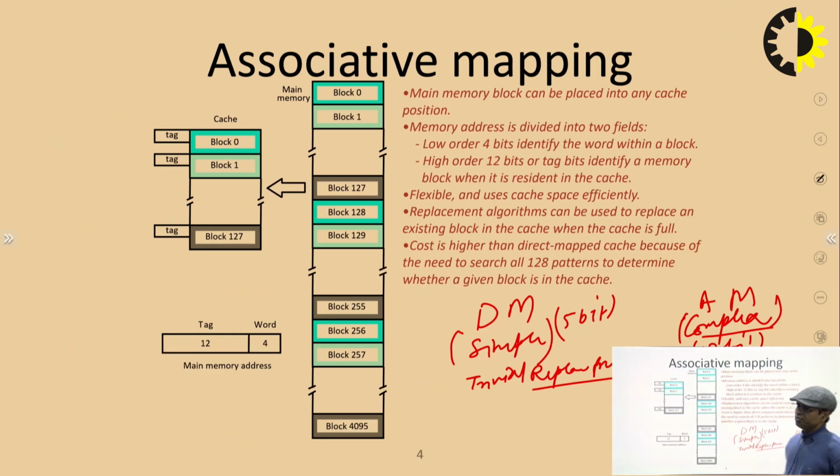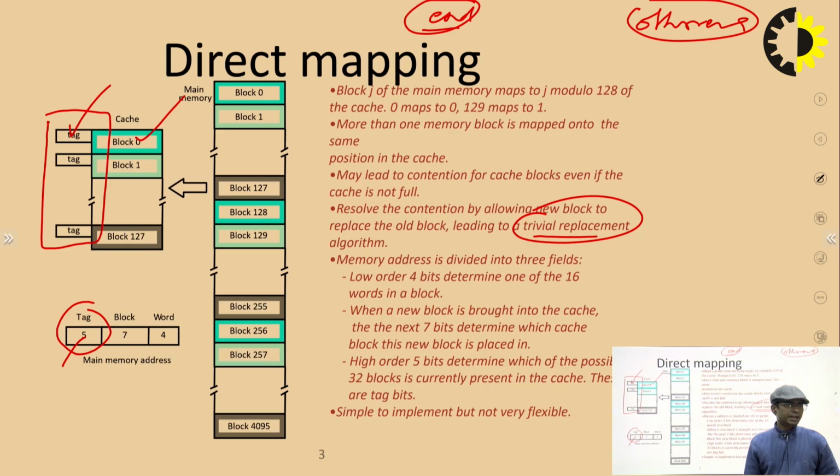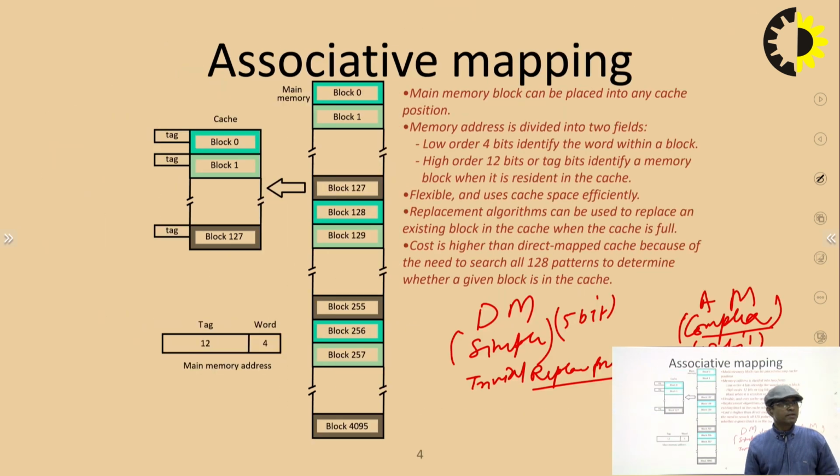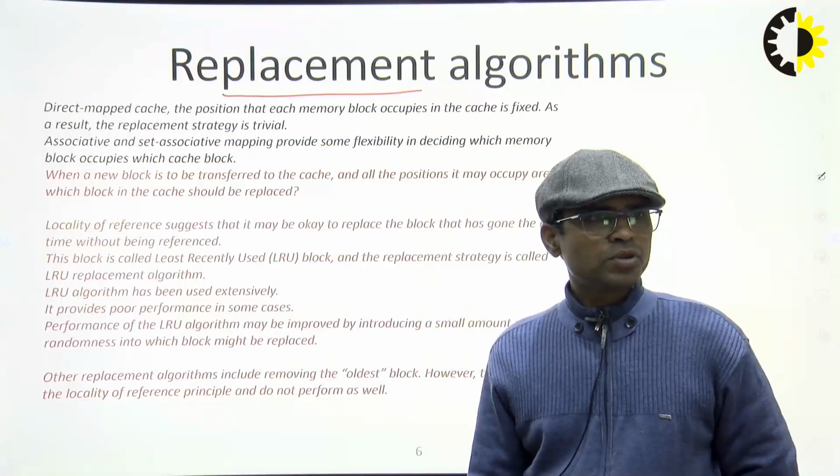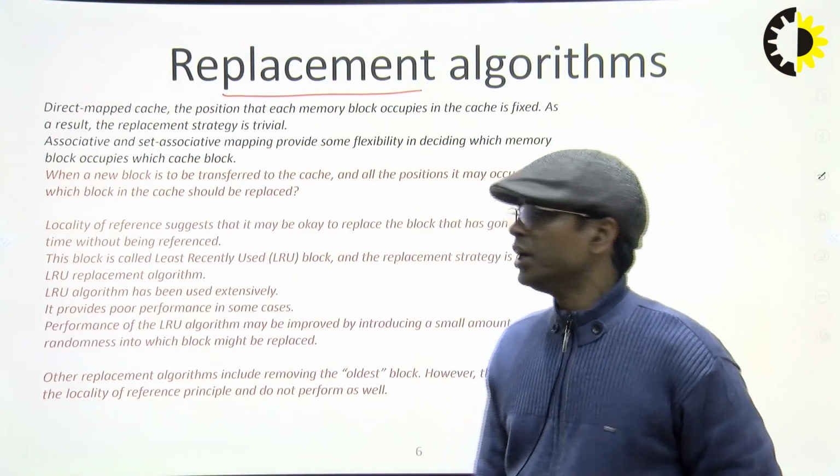Even though we choose out of these 3, direct, associative and set associative, another important thing is that in each of these cases, if there is no availability in the cache in a particular set, or in a directly mapped approach, what will you do?